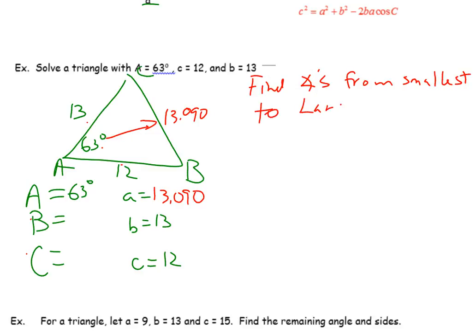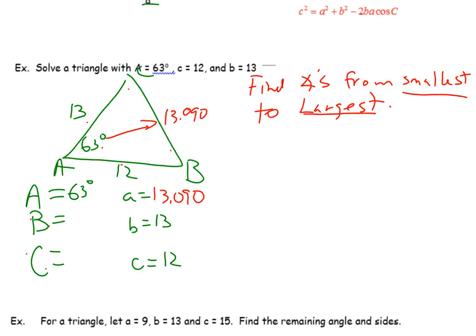So, if I have to find angle B and angle C still, which is going to be smaller? Well, since 12 is smaller than 13, doesn't that mean his opposite angle C is going to be smaller than the angle B? So I have to find angle C first.